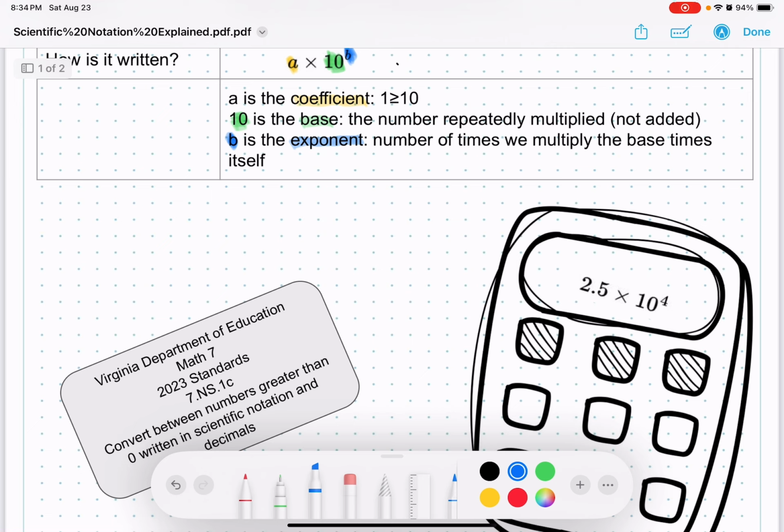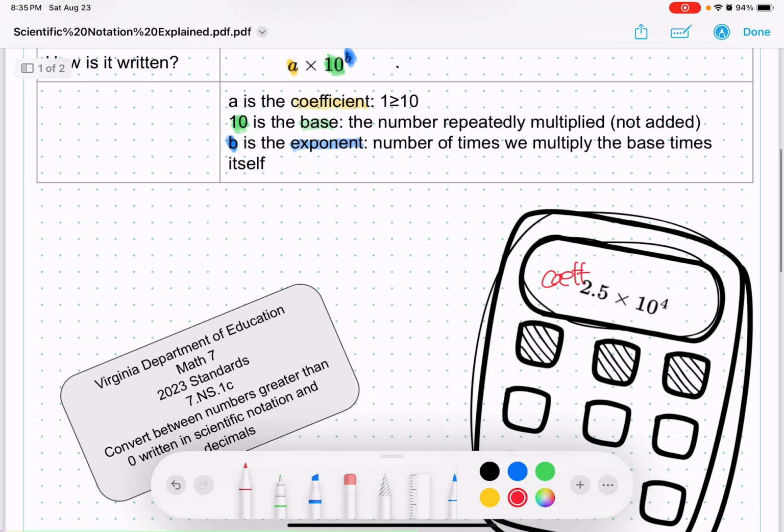So here's what it looks like. 2.5 times 10 to the 4. This is a number that is written in scientific notation. So just looking at that form, A times 10 to the B, A is our coefficient. So 2.5 is our coefficient. Ten is our base.